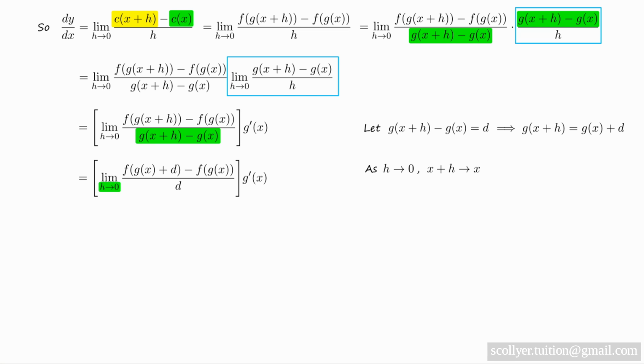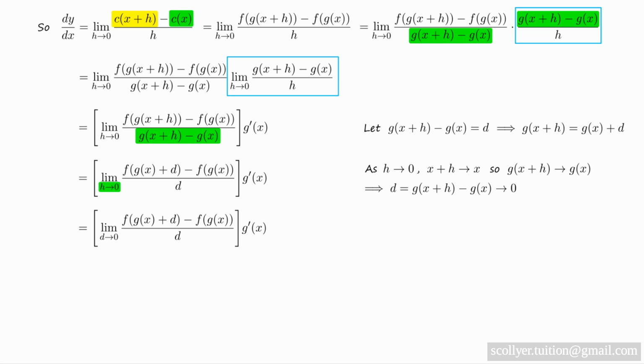So we note that as h tends to 0, x plus h tends to x, so that g of x plus h tends to g of x, and that means that d, which equals g of x plus h minus g of x, tends to 0. So we can simply replace h tends to 0 with d tends to 0 to obtain this expression, which is written purely in terms of d.